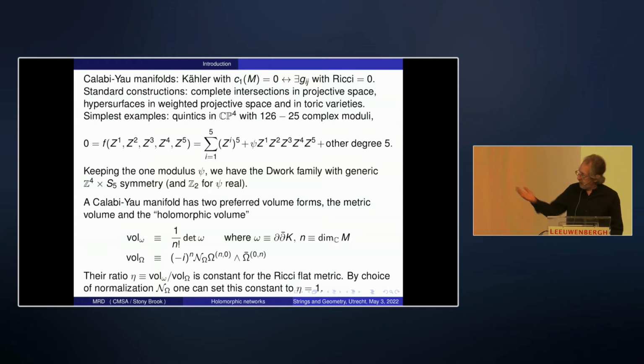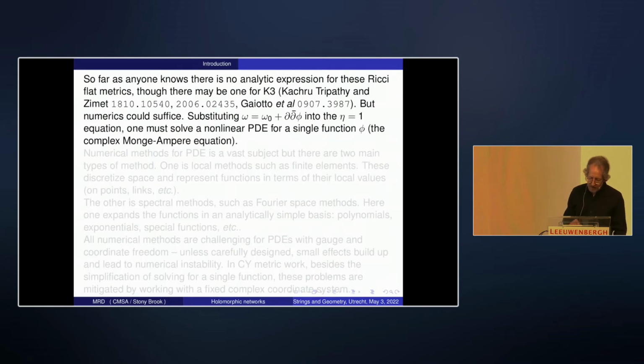And then I've quoted the rephrasing of the Calabi-Yau condition, which will be familiar to people here, that the two natural volume forms on a Calabi-Yau should be proportional. Their ratio should be this constant function, eta equals 1 in my conventions.